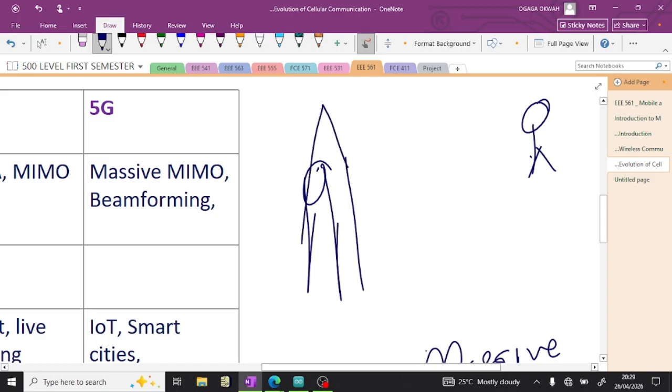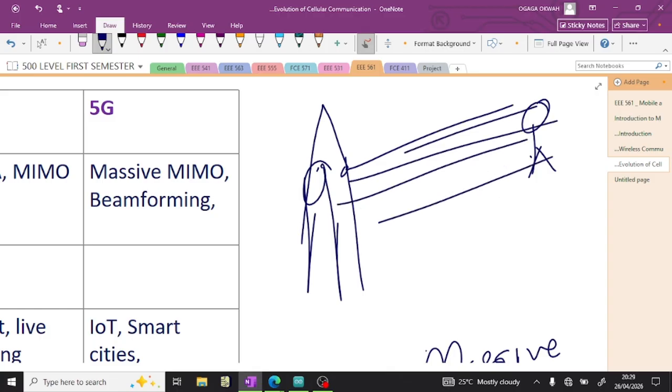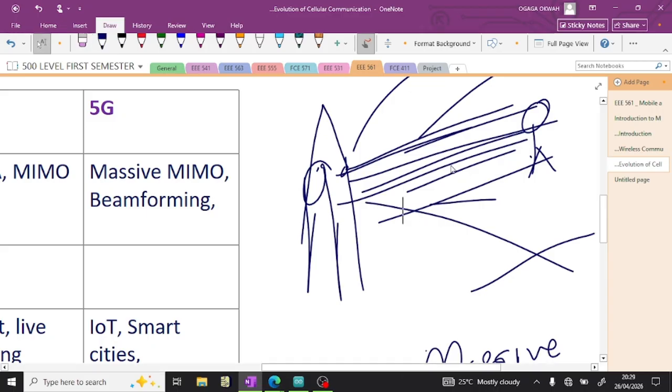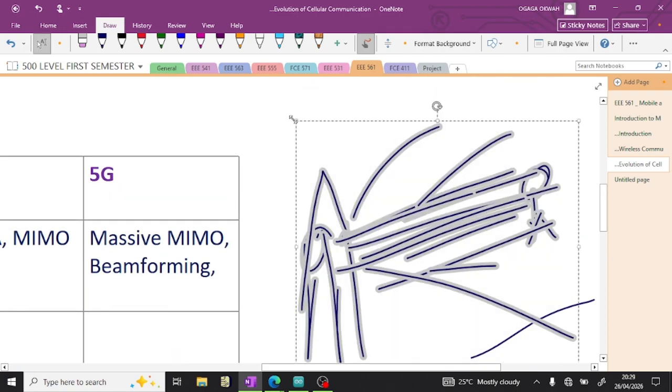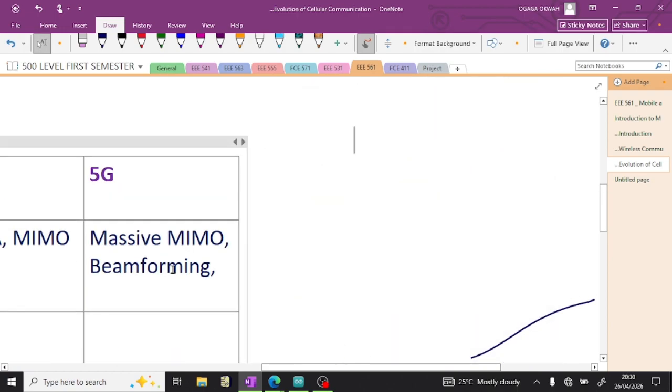The beam goes straight to the user, instead of just spreading around, hoping it gets to the user. No, it's beamforming. This technology is really advanced, and we're not going to go deep into it. Just know that once you hear beamforming, the signals are sent directly, concentrated to the user.